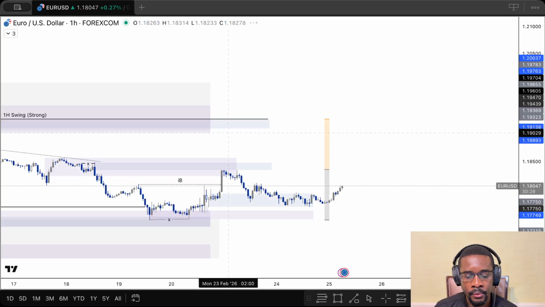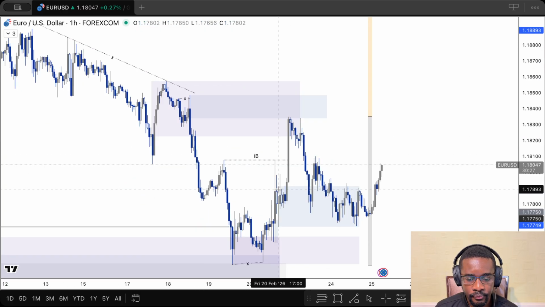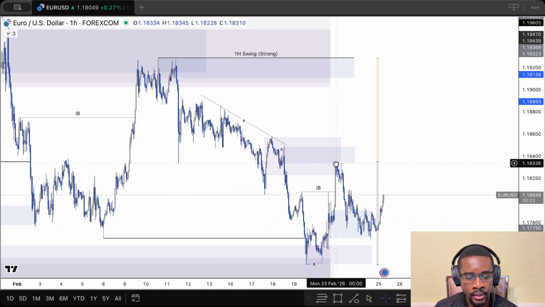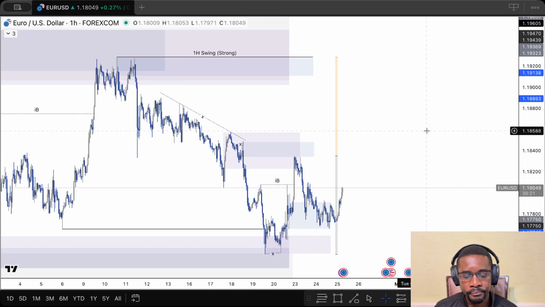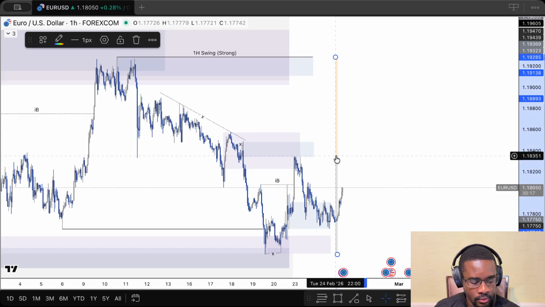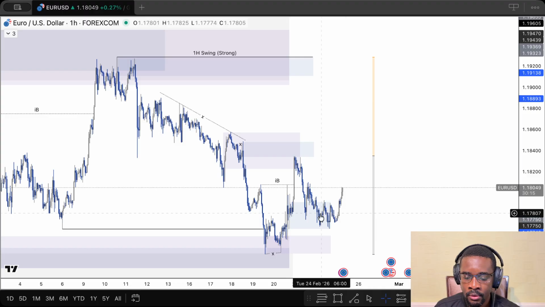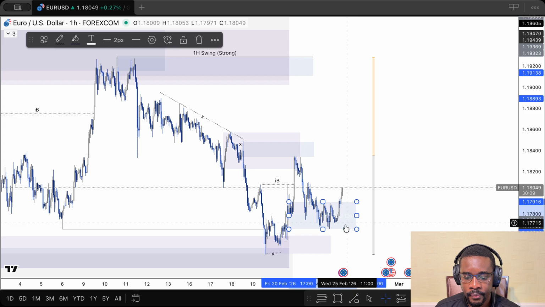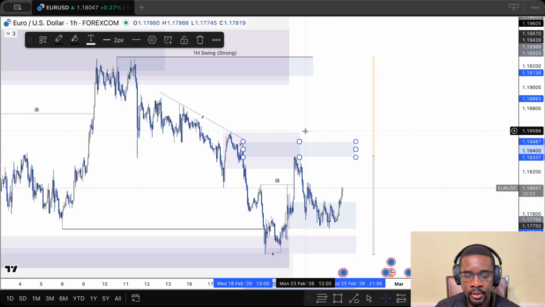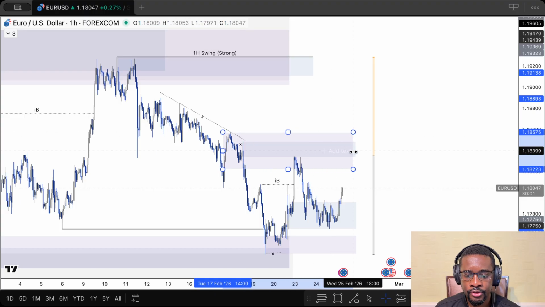So looking at the 1 hour, on the 1 hour it just makes it more clear what we are looking at. So we've had this demand area that was respected.